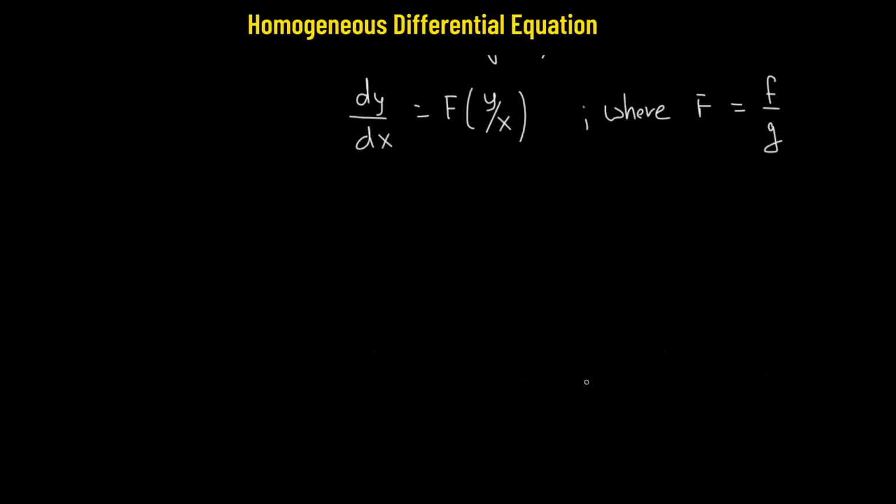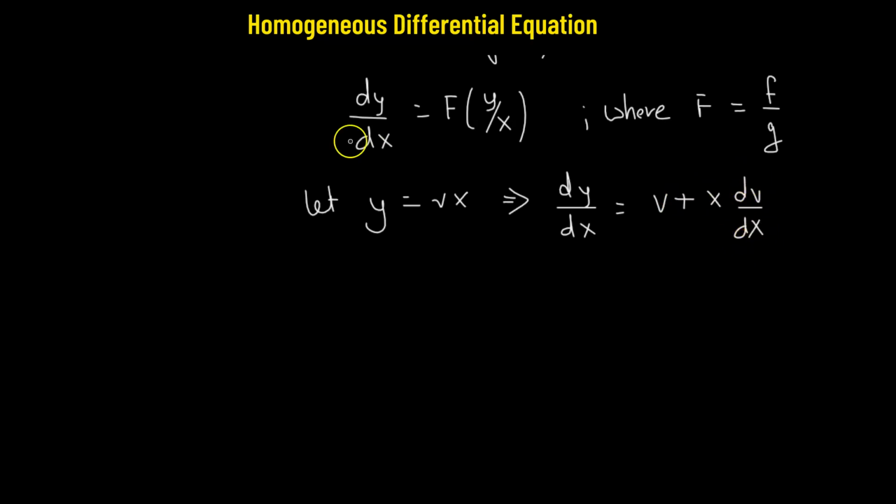Right. Next, what we need to do, we will substitute y with vx, and if we differentiate both sides, that will give us dy over dx. Since this is a product of two functions, we have v plus x dv over dx. We'll substitute this in place of dy over dx, so that will be v plus x dv over dx equals F of y over x, which becomes a function of v.